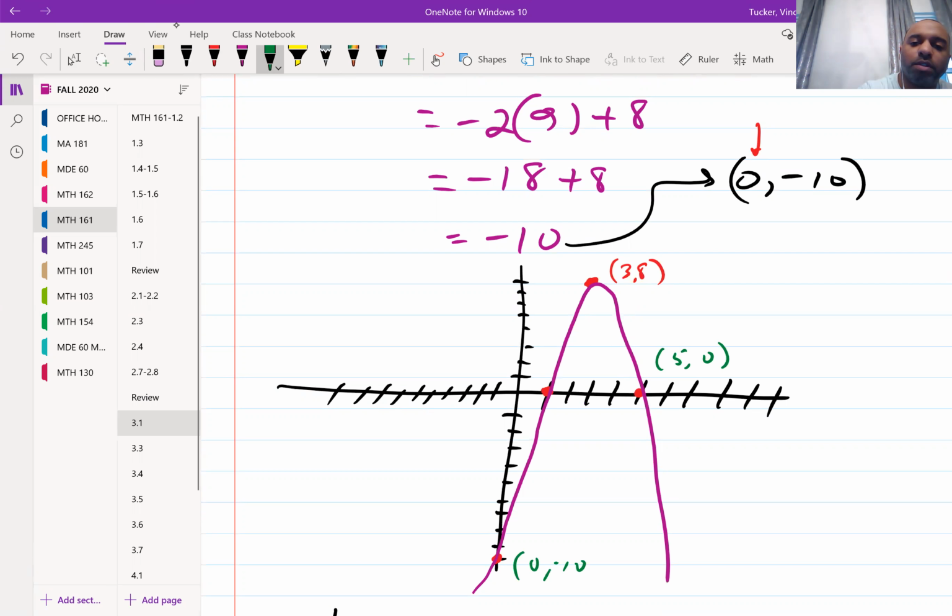And over here is 1, 0. And that's a rough sketch of my parabola. All right, questions on that? Any questions?